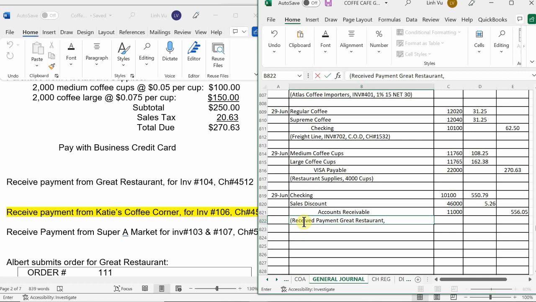For invoice number 104. And they paid me, well, let me say I had received a 1% discount. And how did they pay me? They paid me with check number 4512.